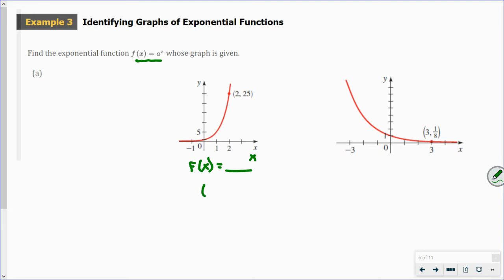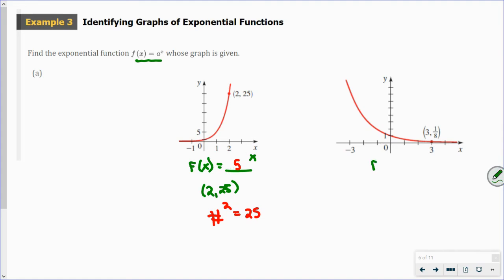But they give me the point 2, 25. So they're saying some number squared gives you 25. Well, what number squared is 25? That number would be 5, and that gets you your parent function.